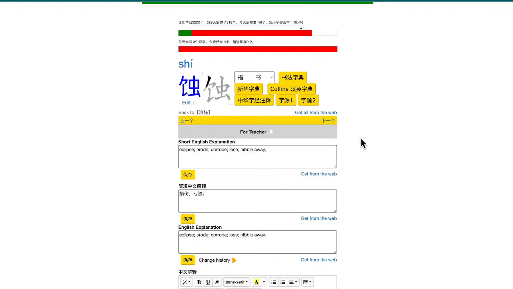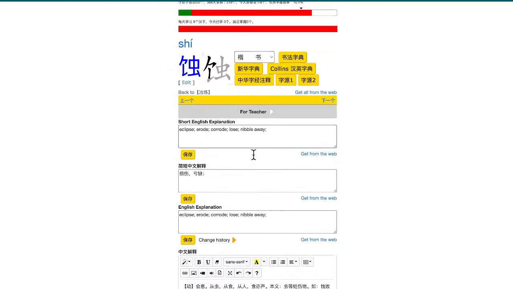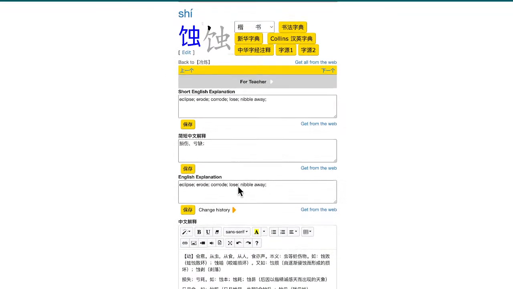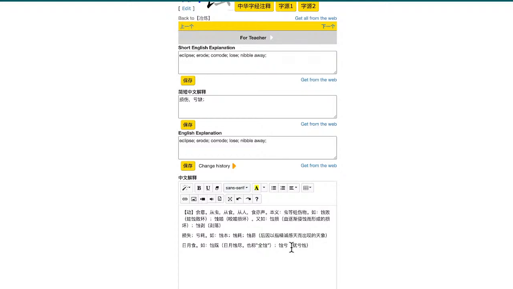That means metals or other materials get eroded away. That's called 时. It also metaphorically means to lose, to nibble away, in any other situations. So this is called 时.